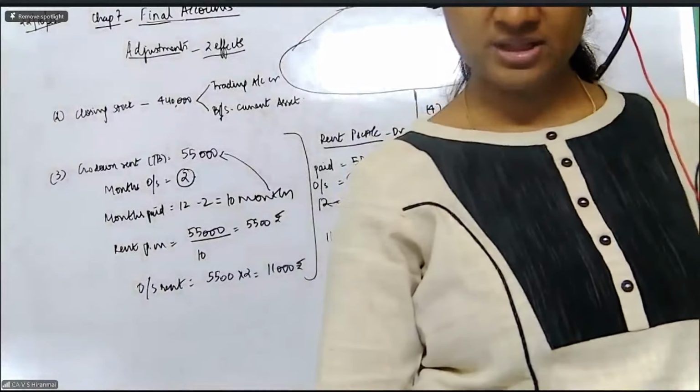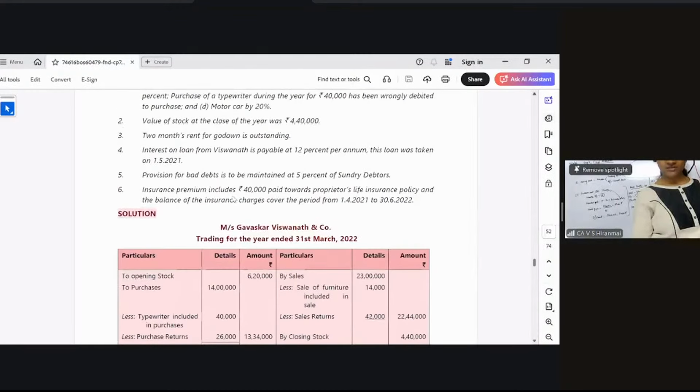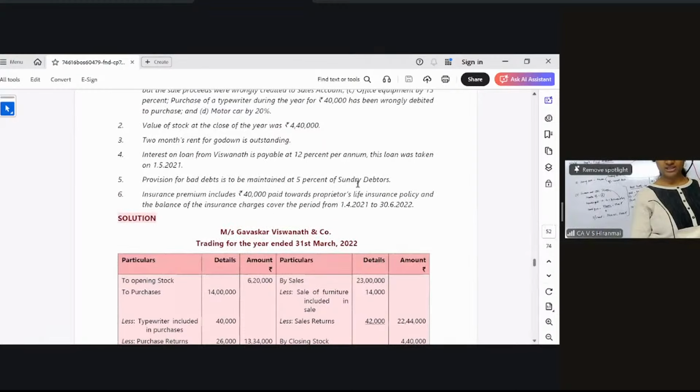Now, the next one, all of you, please see. The next one is with regard to provision for doubtful debts. Already I have dealt with provision for doubtful debts, bad debts, correct? So what did we do there? I will do it once again here. In the provision for doubtful debts account, we need to prepare the account, correct? So, opening balance.